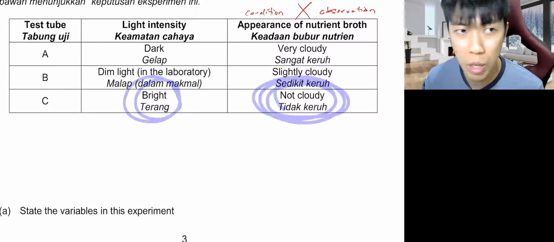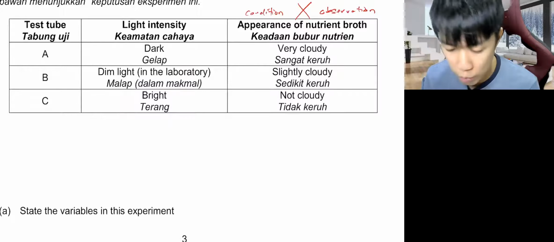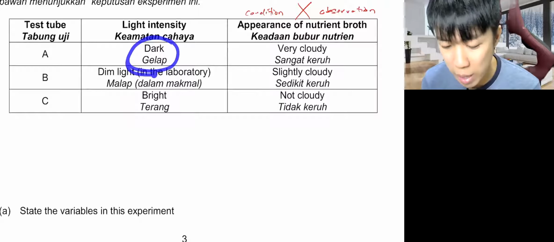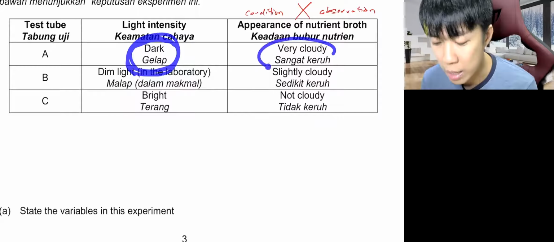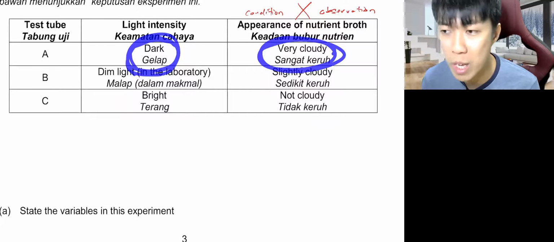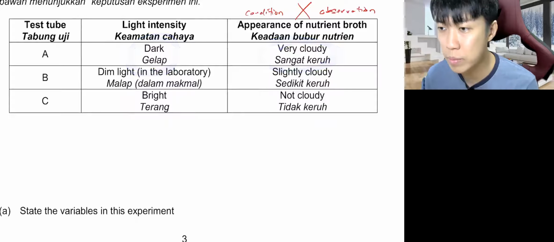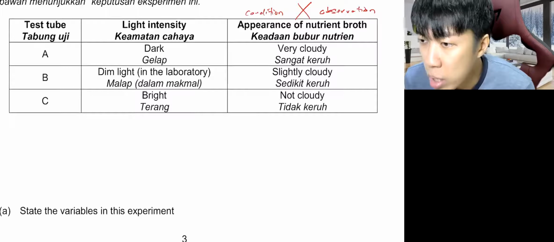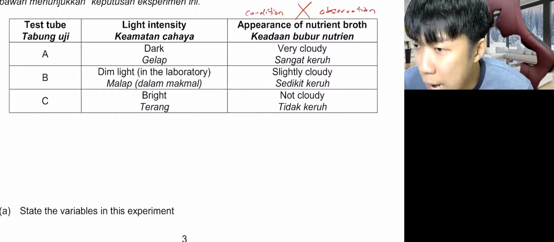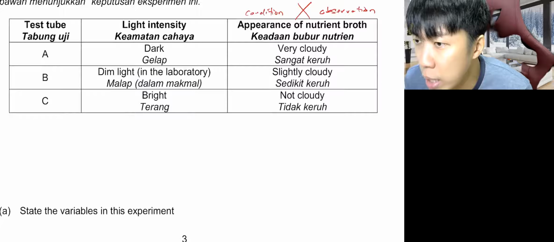Okay, if the nutrient broth is in dark condition, then the nutrient broth becomes very cloudy. Okay, if the light intensity is dark, then the appearance of the nutrient broth will be very cloudy.